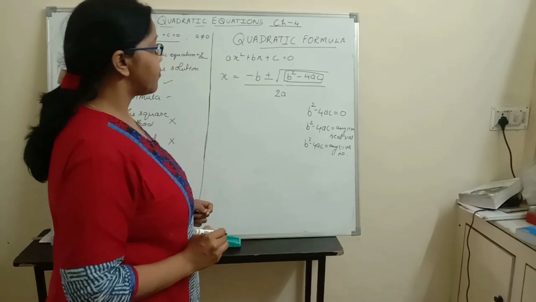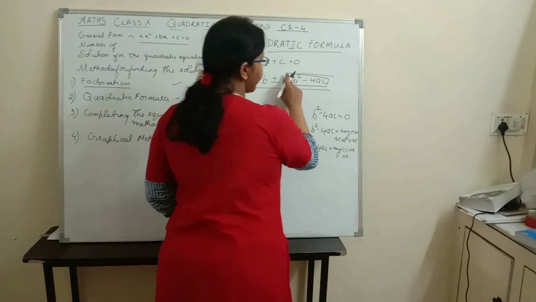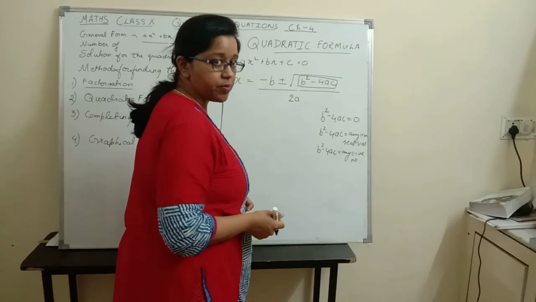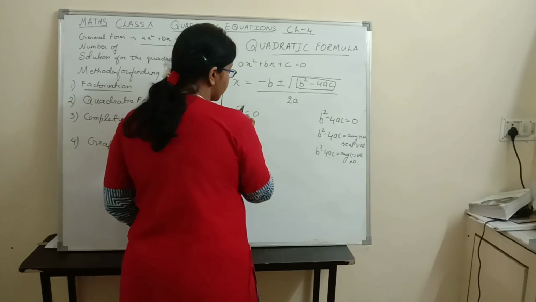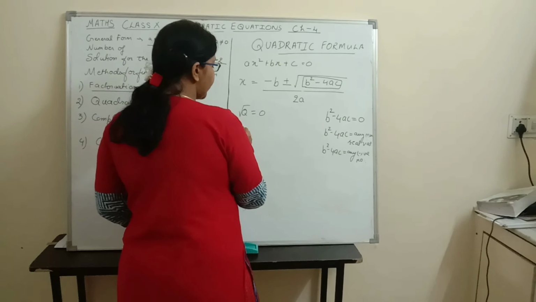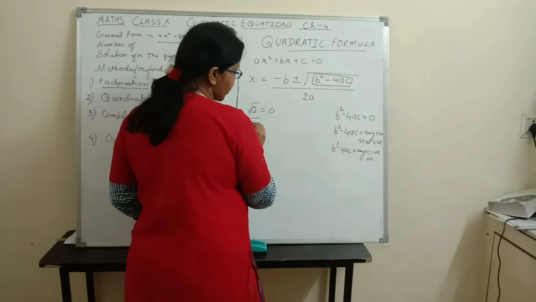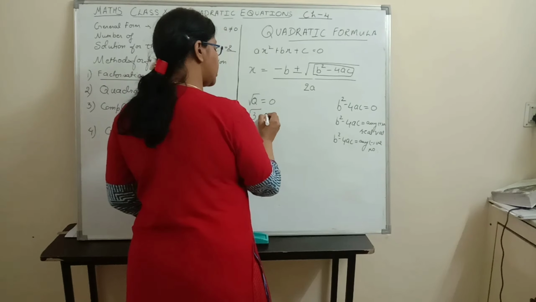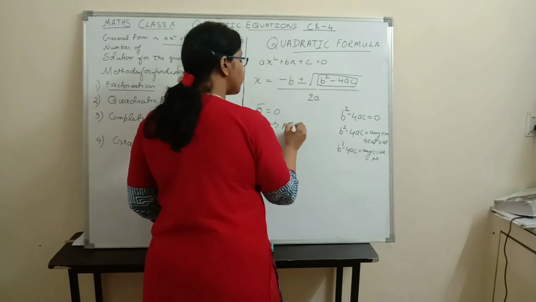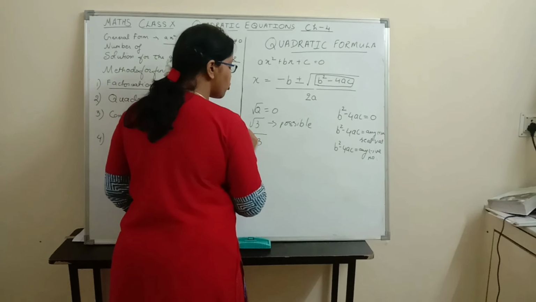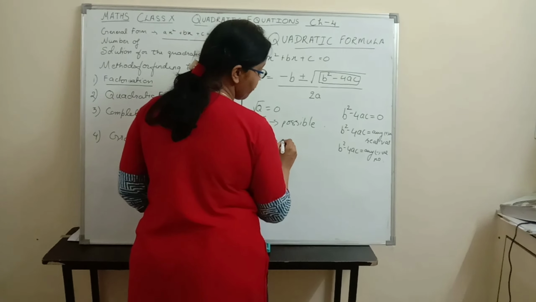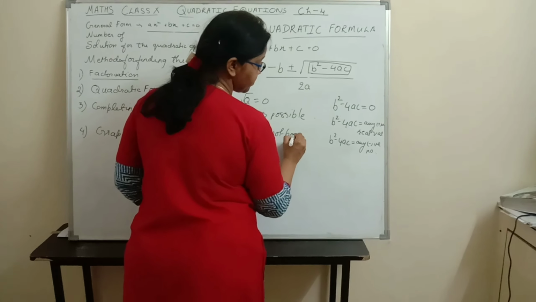But we know that under root 0 is possible, that is, under root 0 will give you 0. For any positive value inside the root, suppose under root 3, this is also possible. But if I have under root minus 3, this kind of value is not possible.